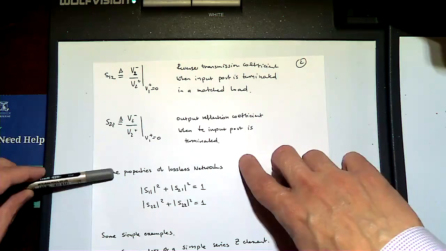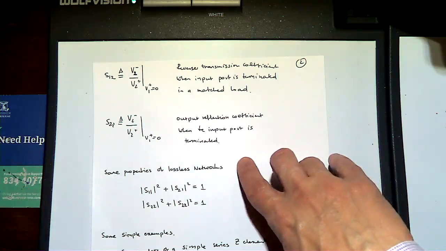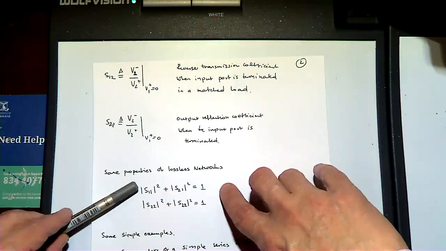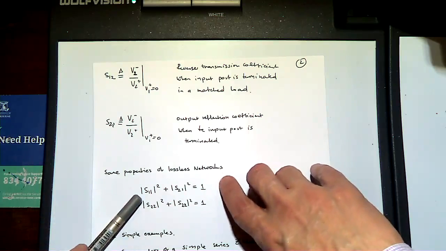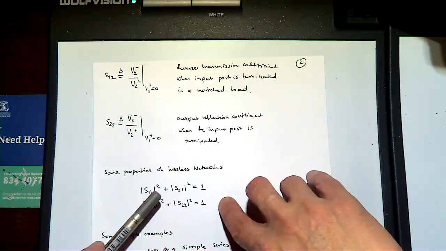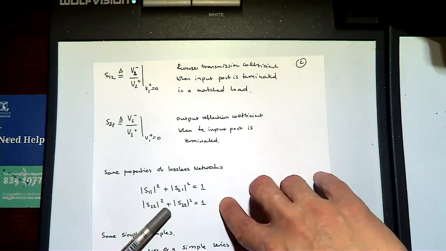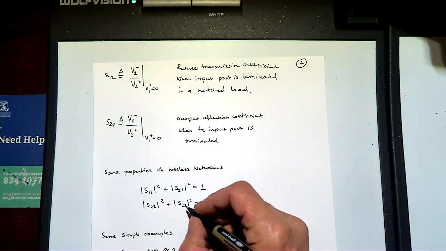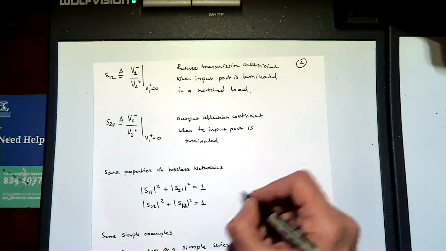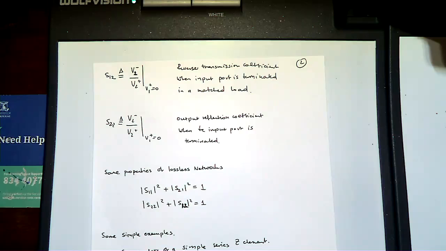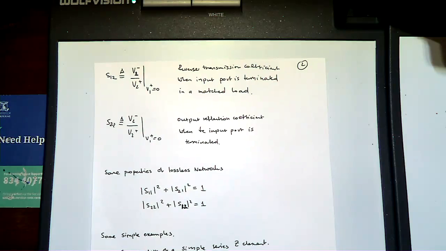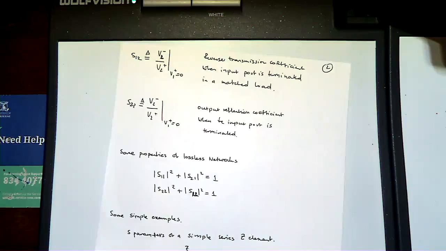Now we said that for lossless networks the following relationships hold: S11 squared plus S21 squared equals 1, and S22 squared plus S12 squared equals 1.